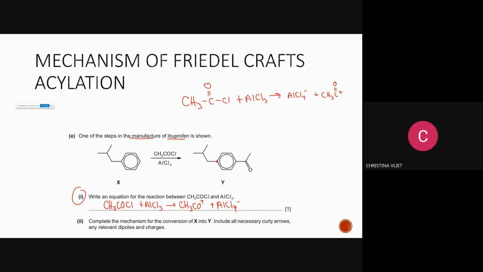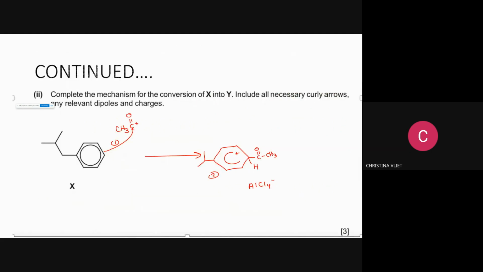That was present. It grabs the hydrogen. And then what happens to the 2 electrons here? They transfer back to restore the ring. So instead of a broken ring, you have a complete ring. So this would be the third mark, to show that curly arrow.